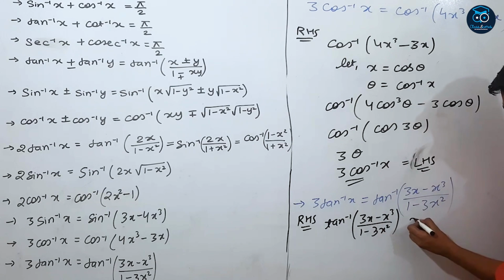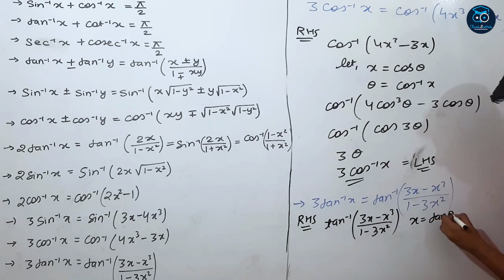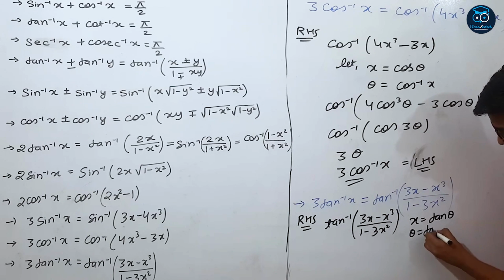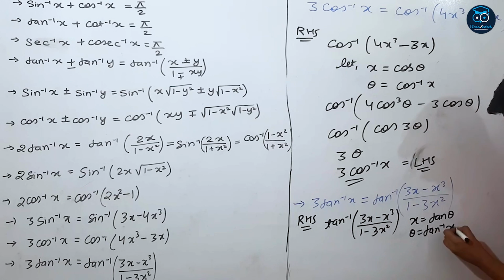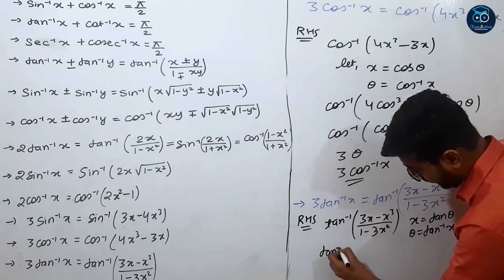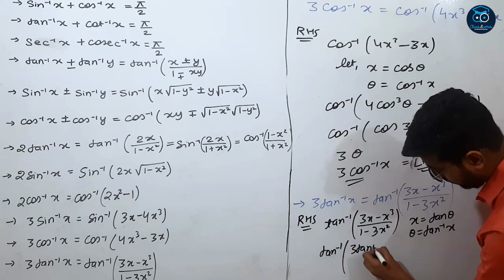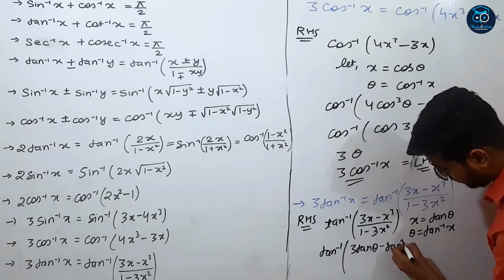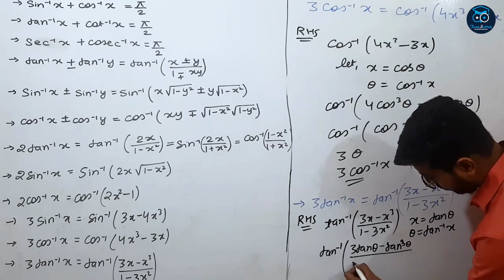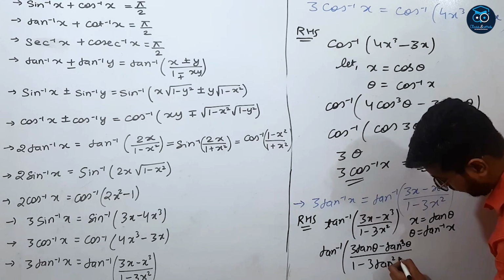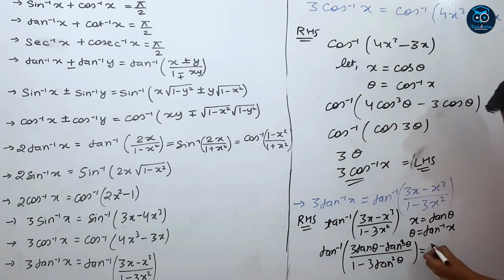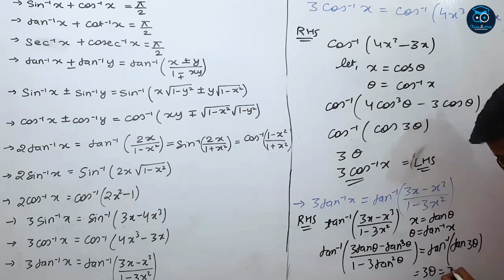Just substitute, let x equal tan theta, so theta equals tan inverse x. Substitute, so we get tan inverse of 3 tan theta minus tan cube theta upon 1 minus 3 tan square theta. This is the identity for tan 3 theta, so it becomes tan inverse tan 3 theta, so it becomes 3 tan inverse x. That is equal to the LHS. That's all.